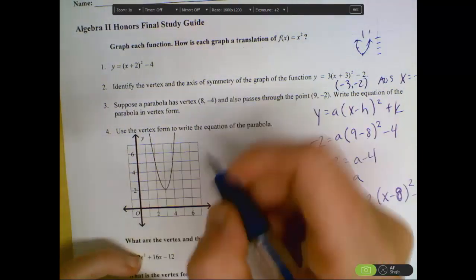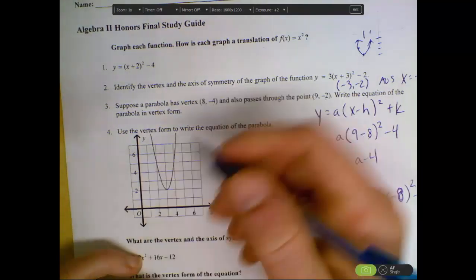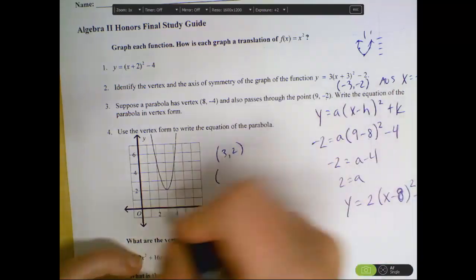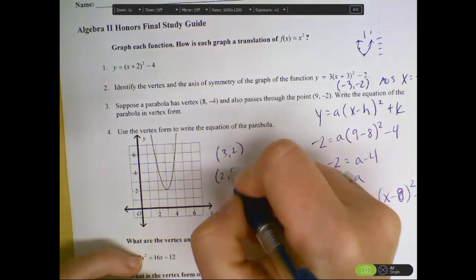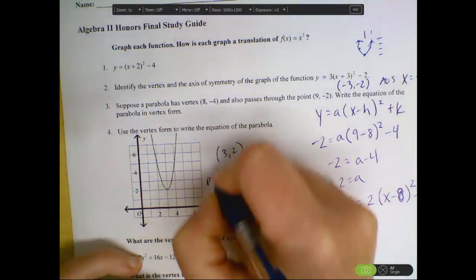Use the vertex form. So again, the vertex here is (3, 2), and it goes through the point (2, 5). So we're going to do the same thing we did here. This is the point, this is the vertex.